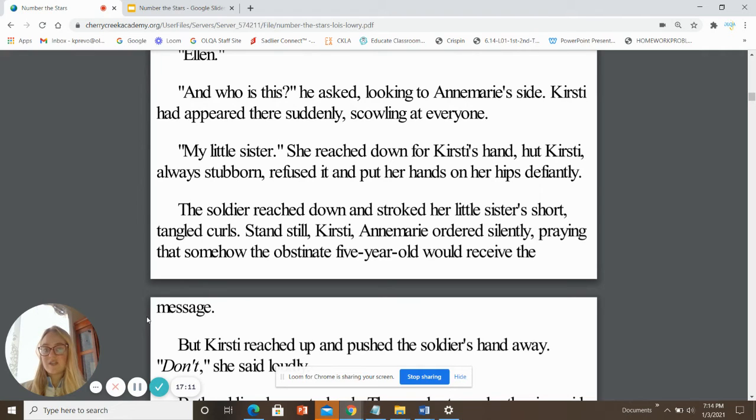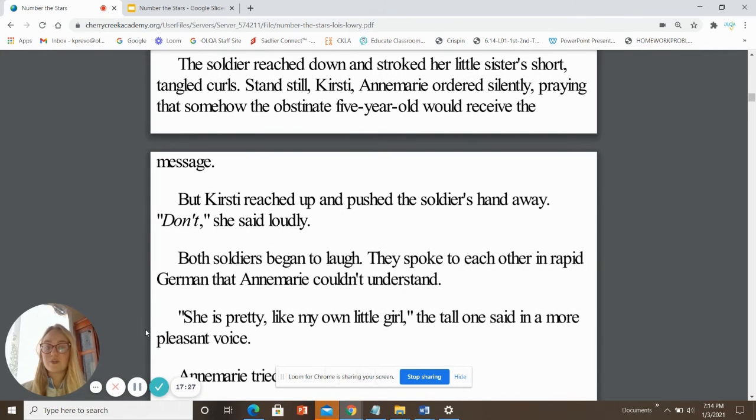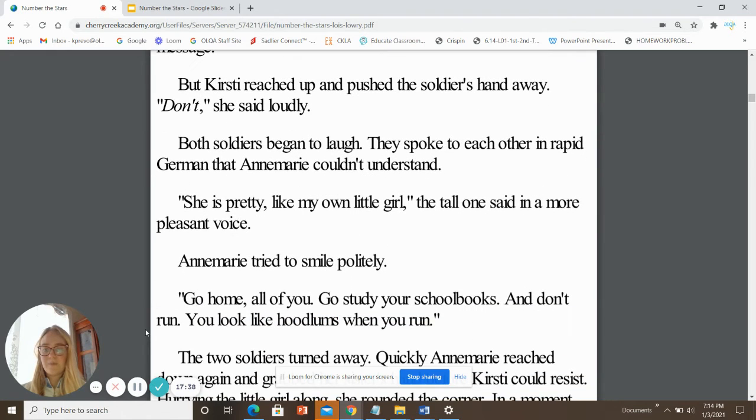Stand still, Kirsty, Anne-Marie ordered silently, praying that somehow the obstinate 5-year-old would receive the message. But Kirsty reached up and pushed the soldier's hand away. Don't, she said loudly. Both soldiers began to laugh. They spoke to each other in rapid German that Anne-Marie could not understand. She is pretty, like my own little girl, the tall one said in a more pleasant voice. Anne-Marie tried to smile politely.